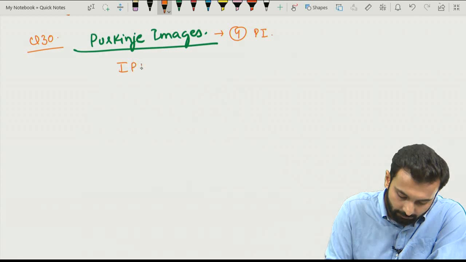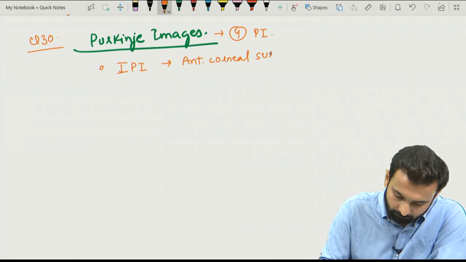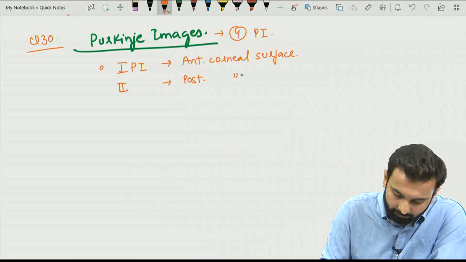The first Purkinje image is seen at the anterior corneal surface. The second Purkinje image is seen at the posterior corneal surface.